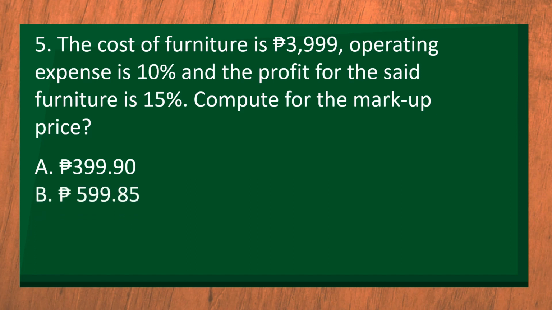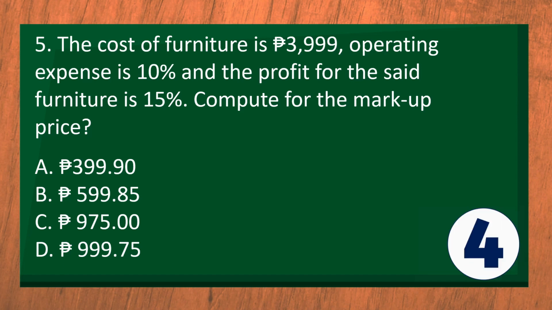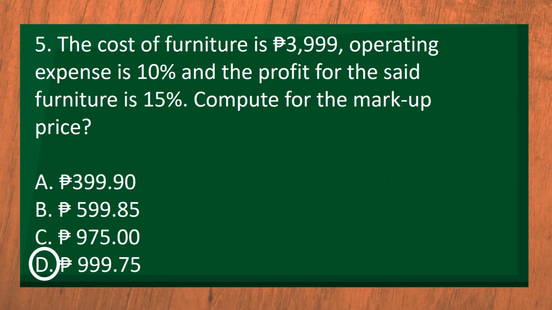Letter B, 599.85 pesos. Letter C, 975 pesos. And letter D, 999.75 pesos. The correct answer is letter D, 999.75 pesos.